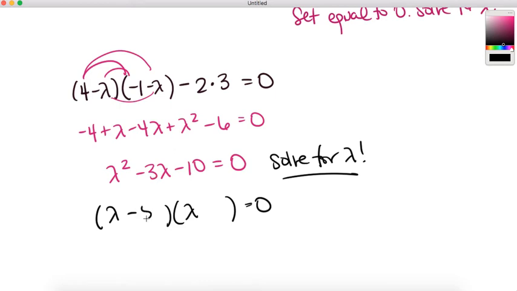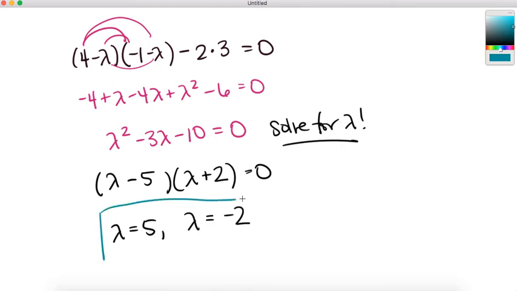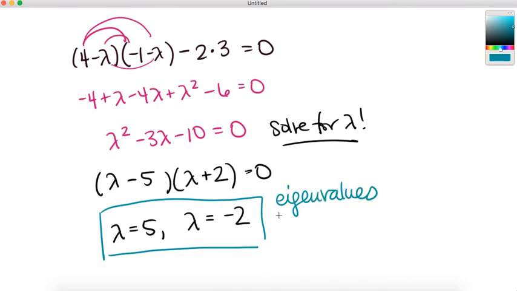Very conveniently, we can do negative 5 and positive 2, which multiplies to negative 10. Negative 5 lambda and positive 2 lambda give us that negative 3. Just like in college algebra, you set each factor equal to 0 and solve, and we get our 2 eigenvalues: 5 and negative 2.